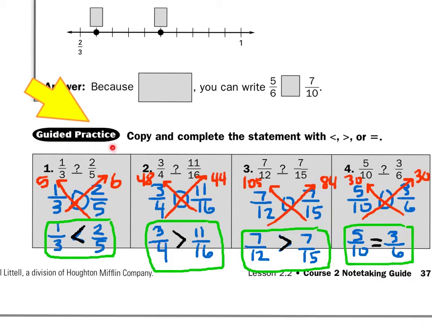Okay, let's do some guided practice. Copy and complete the statement with is less than, is greater than, or is equal to. Take a look at 1 over 3 compared to 2 over 5. So again, write 1 over 3, put that open circle, and then write 2 over 5. Now start at the denominator, the 3, and shoot an arrow up towards the 2.